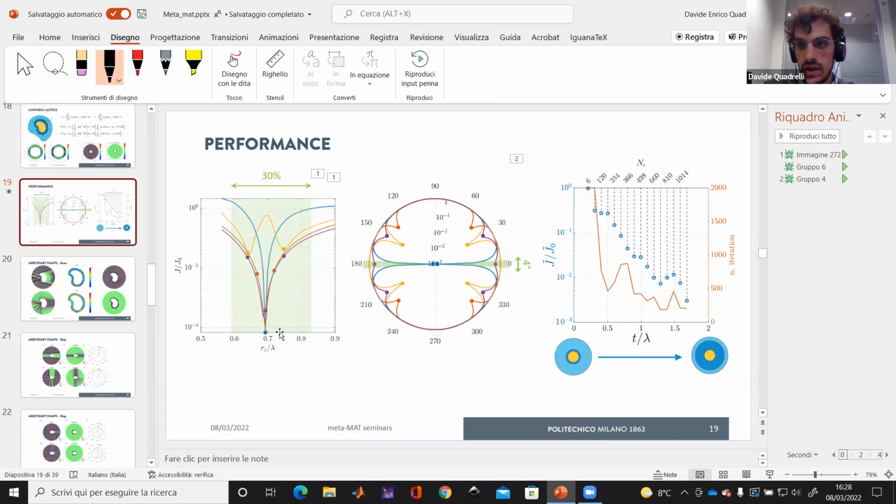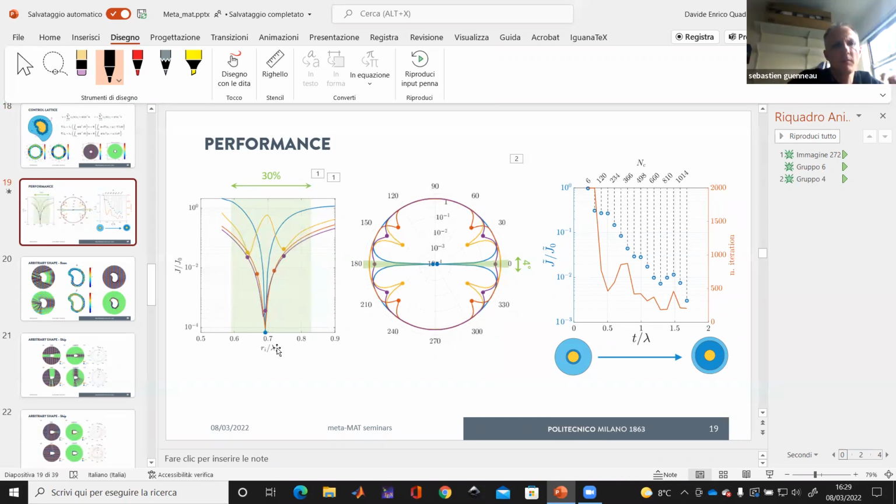And as soon as you move, the scattering increases a lot. If you use, let's say, 2 targets, you have 2 minima basically. And if you have 3 targets, maybe you can have this broadband 30% of the central frequency behavior.